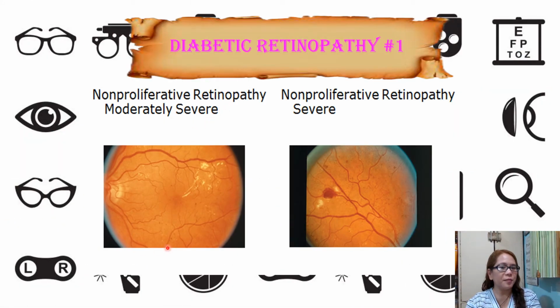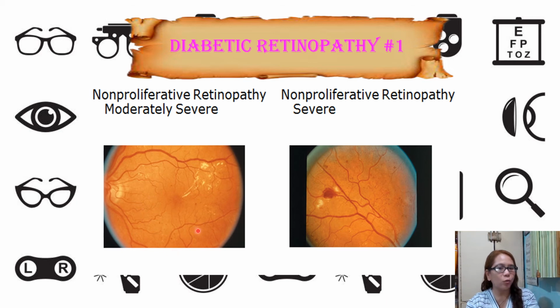So this is the presentation of the fundus of the patient with non-proliferative retinopathy, that is moderately severe, that's one, while the other is non-proliferative retinopathy that is severe. For the moderate, you can observe tiny red dots or microaneurysms around. So, hindi masyadong kita yung mga dots na maliliit, no?